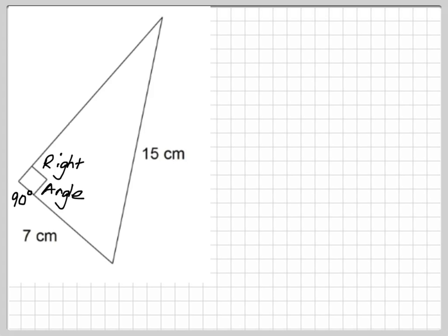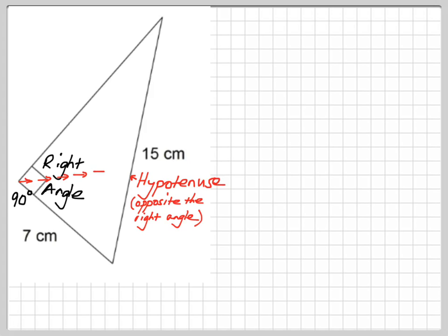Now, it's 90 degrees, and the side opposite the right angle, this side here, is called the hypotenuse. It's the longest side. What do I mean by opposite? If you were to move out from the right angle, you would hit the hypotenuse.